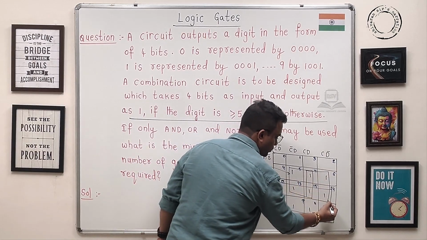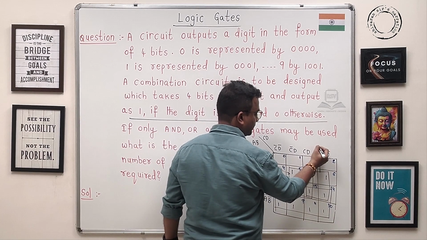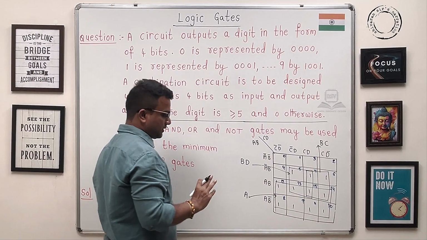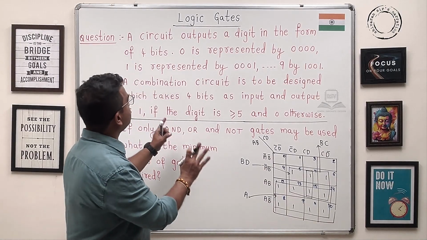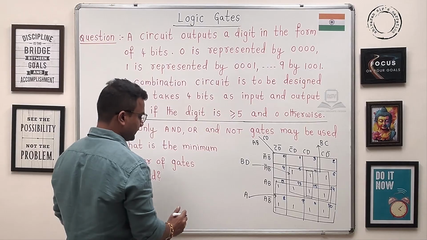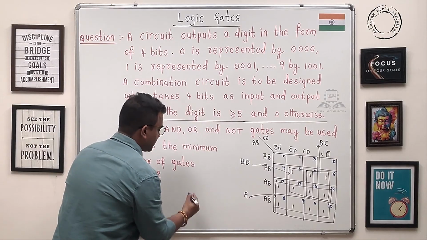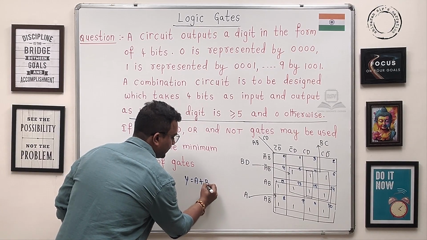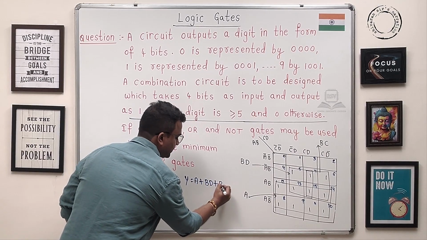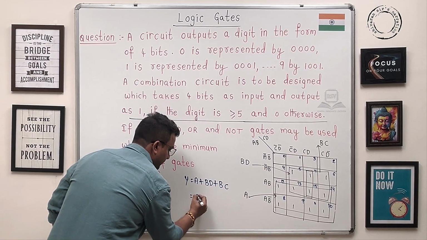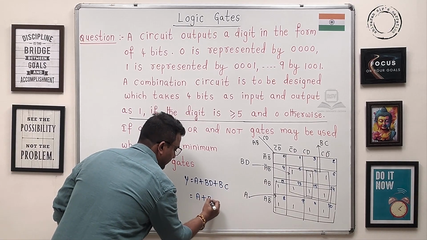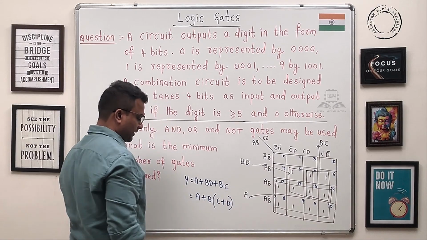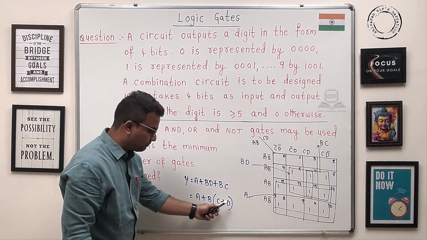Similarly, there is another quad here, that is BC. This one guys. Hence, the simplified expression for this design requirement is Y equals A plus BD plus BC. Even you can take B common, then it is C plus D: A plus B into C plus D.